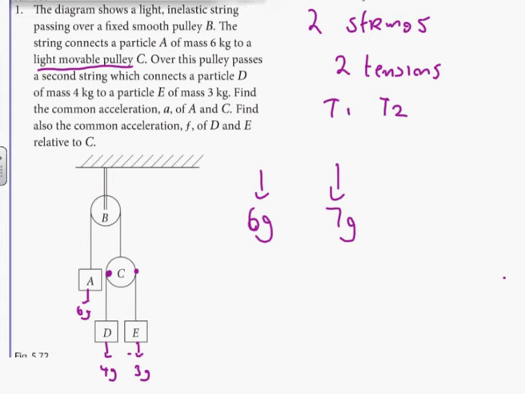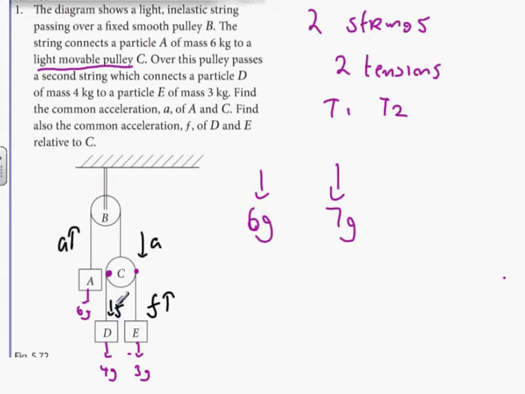So going on our initial intuition, A is going to go up, C is going to go down at acceleration a, E is going to go up, and D is going to go down.